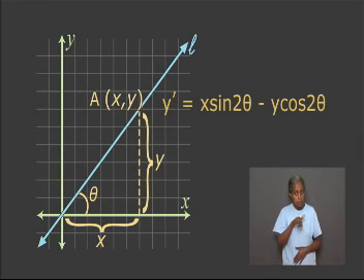Similarly, y prime equals x times sine 2 theta minus y times cosine 2 theta. There are some exceptions to these formulas, students. Be sure to discuss them with teacher after the lesson.